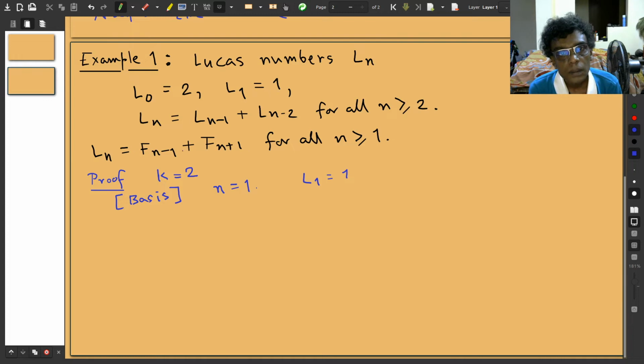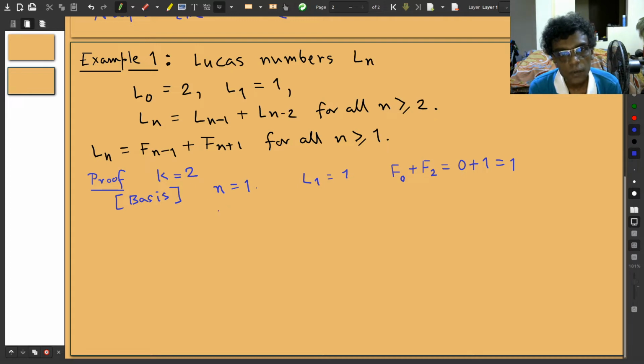And Fn minus 1 plus Fn plus 1 is, n minus 1 is F0, n plus 1 is F2, which is 0 plus 1 equal to 1. So 1 equal to 1. No problem.